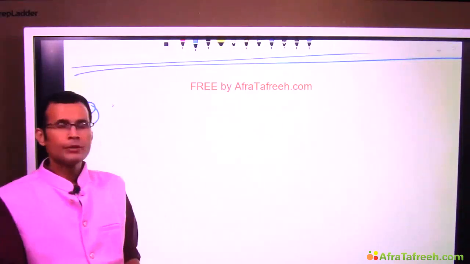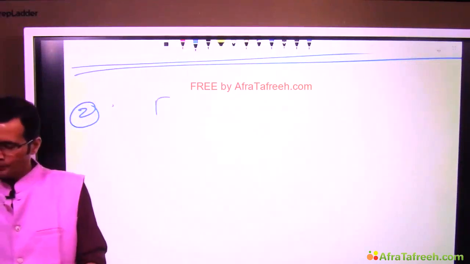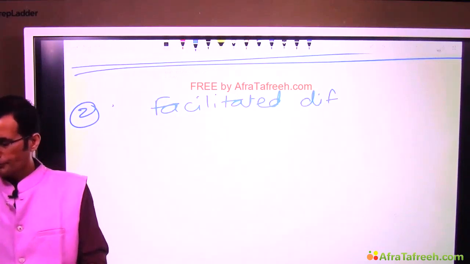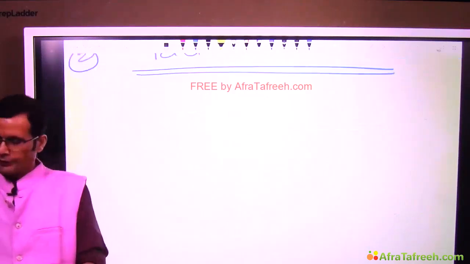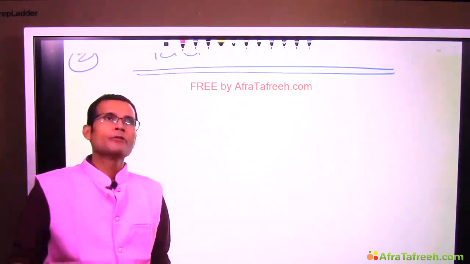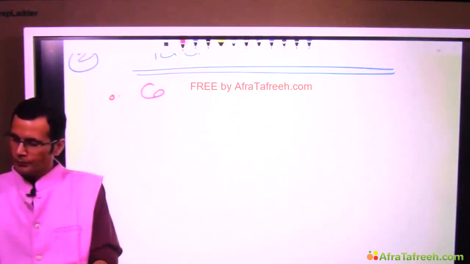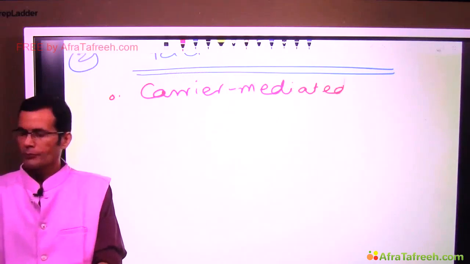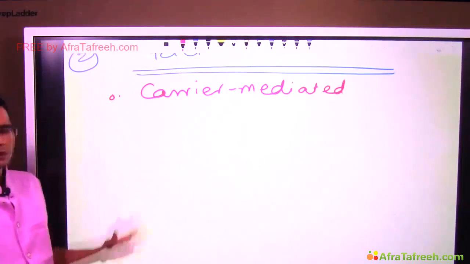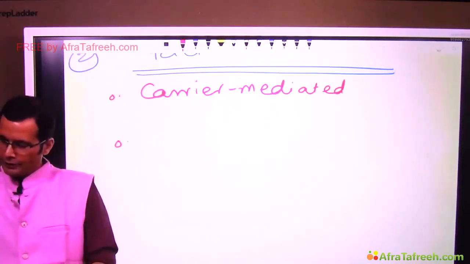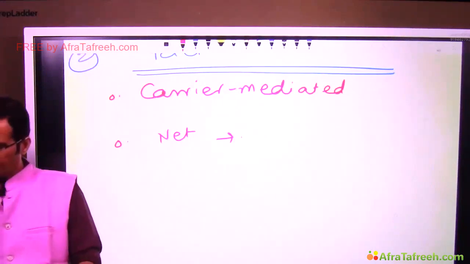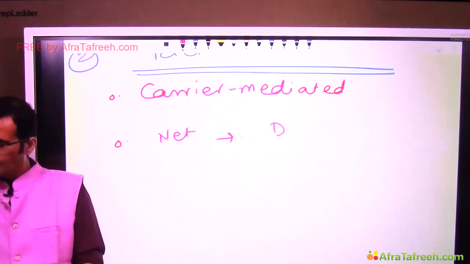Second type of diffusion is facilitated diffusion. Let's understand a few basic things about it. Facilitated diffusion is a carrier mediated transport. Carrier drives this particular transport, and again net facilitated diffusion is a downhill transport.